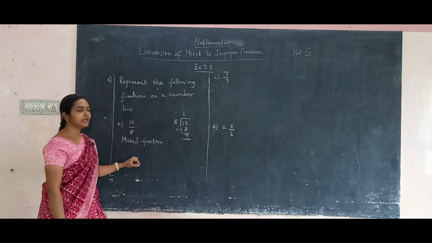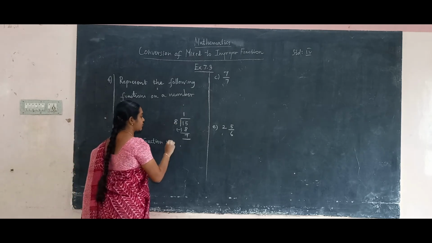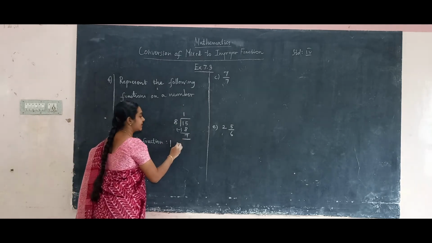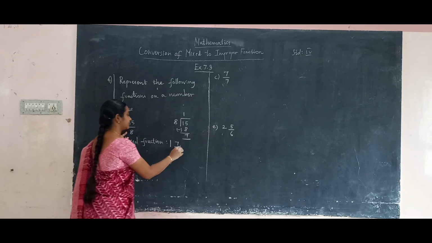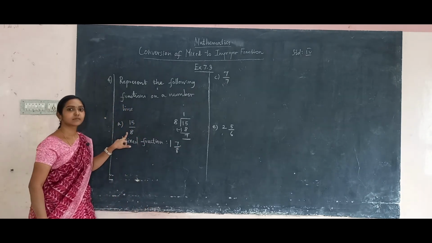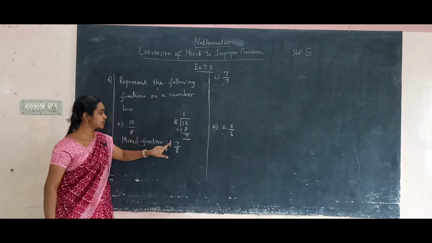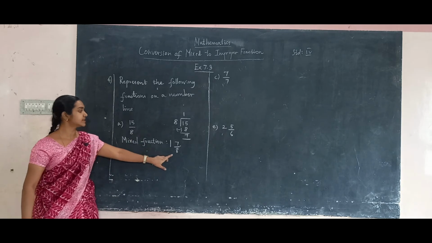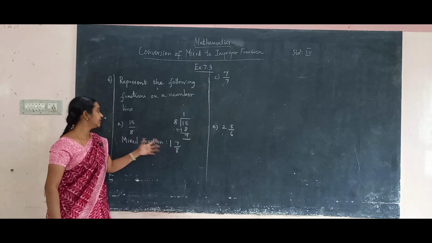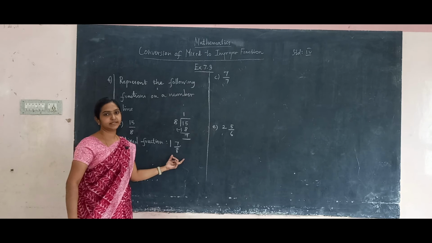We have to write the number in the quotient as a whole number, the number in the remainder as numerator and the same number as denominator. Now we have converted the improper fraction into a mixed fraction.